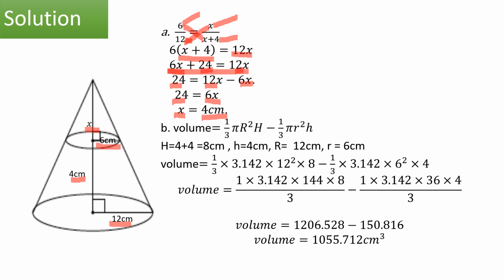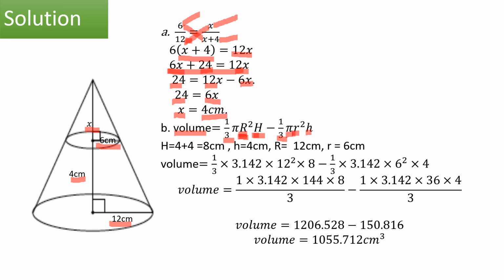Therefore, we are looking at the volume. The volume of the remaining cone is 1/3 pi big R squared big H. This big R squared means the radius of the main cone, and this big H means the height of the main cone, minus 1/3 pi small r squared small h.